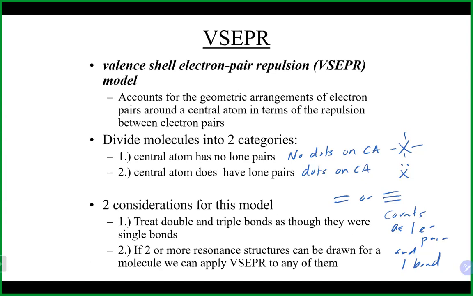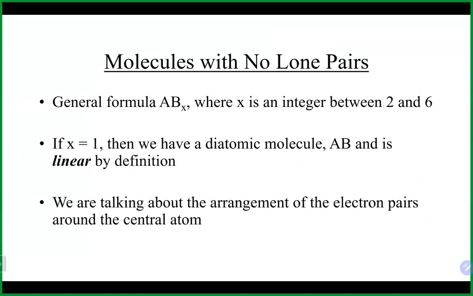All right, so let's take a look at really the simplest one that you could do. The simplest one you could do is a diatomic molecule. Whenever you have a diatomic molecule like H2, there is no central atom, which means the only way to connect 2 points is a straight line.